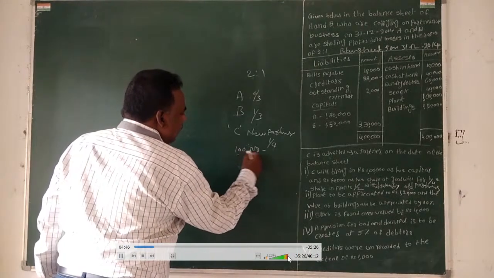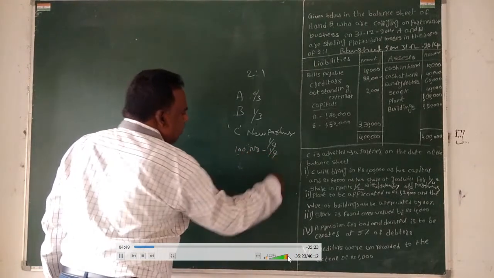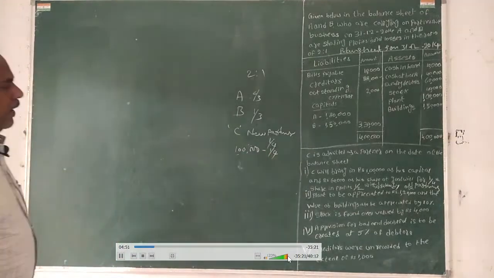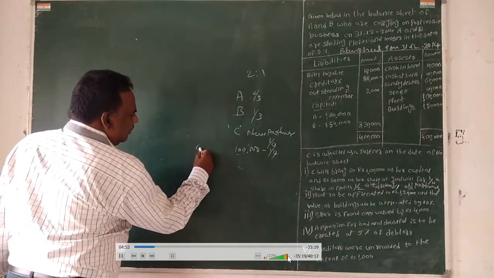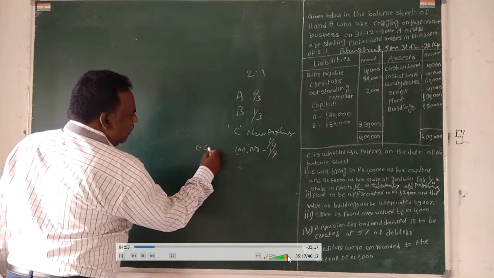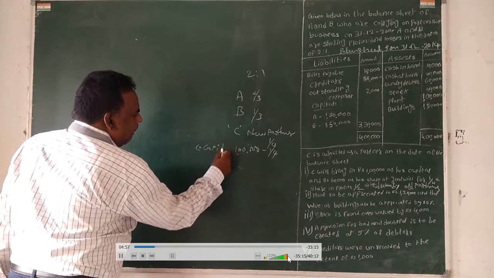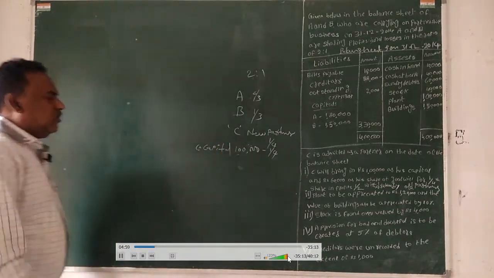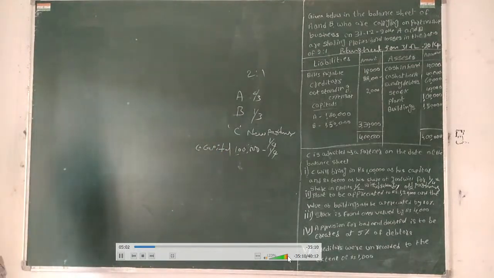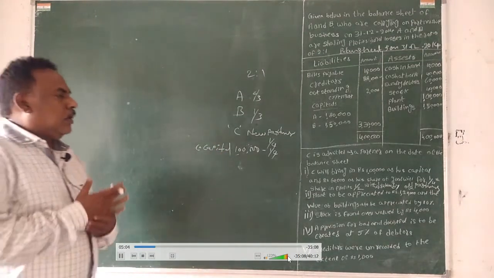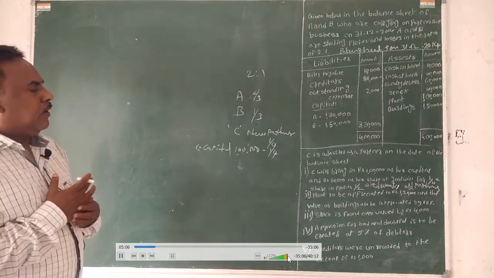And C brings goodwill of 60,000. 1 lakh rupees is the capital. Goodwill of rupees 60,000 will be brought by C at the time of admission.